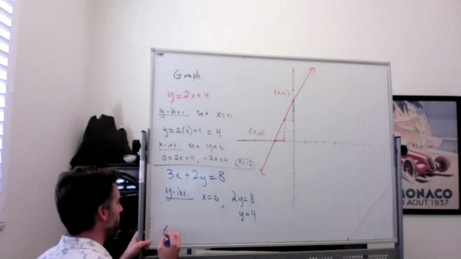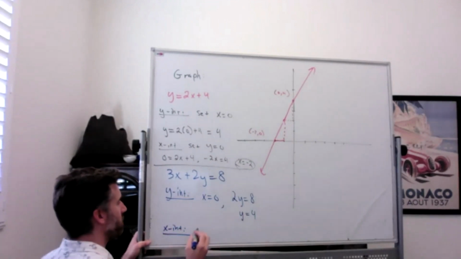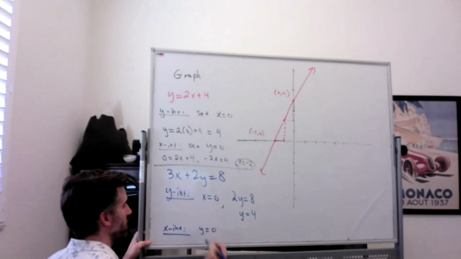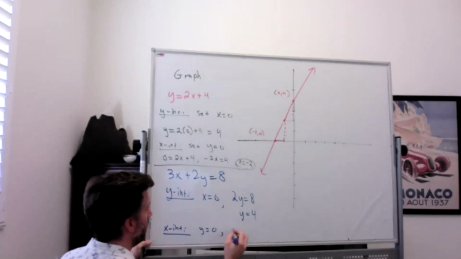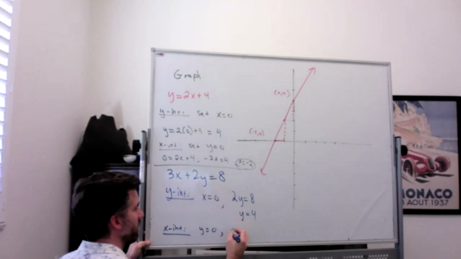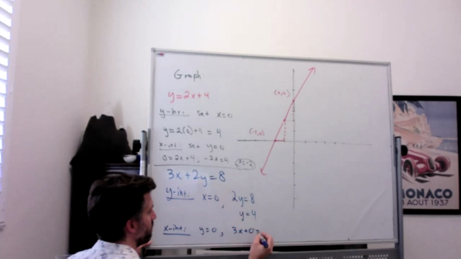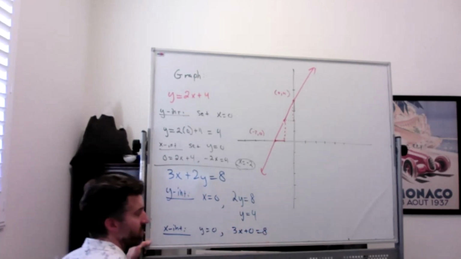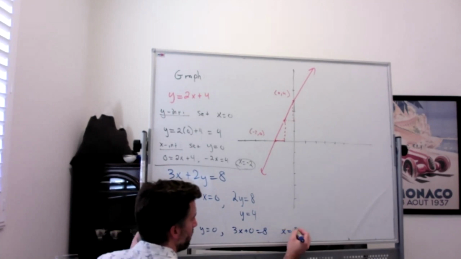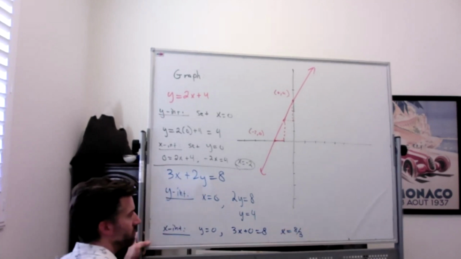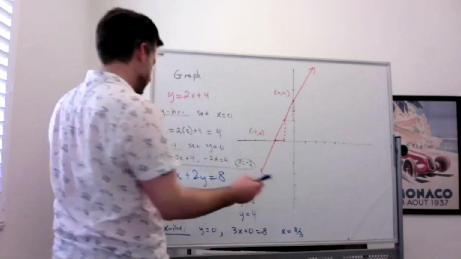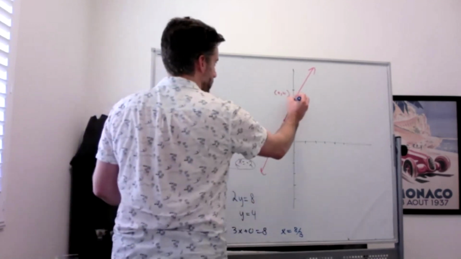And then for the x-intercept, I'm going to set y equal to 0. And if I set y equal to 0, I get 3x plus 0 equals 8. And dividing both sides by 3, I get x equal to 8/3. So I have the point 0, 4 right there.